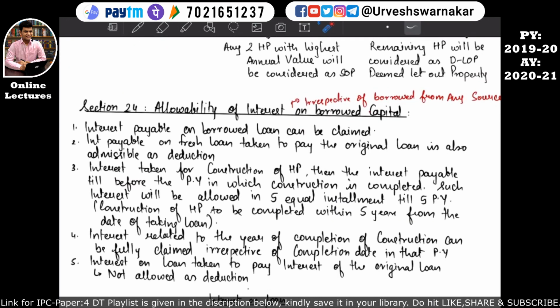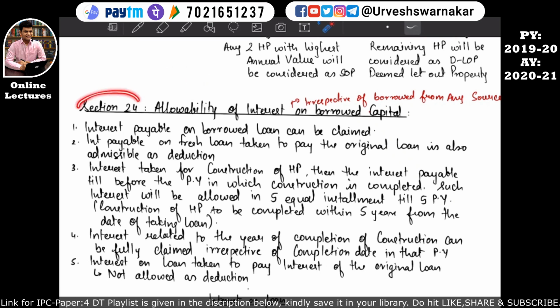So let's understand the prima facie important thing, allowability of interest irrespective of borrowed from any sources. Under section 24 we do not need to see from where the assessee has borrowed the loan, because in section 80C there were specific conditions: if the loan has been taken from the employer, then who should be the employer? If not from the employer, then from which sources? The sources were banks, LIC or other housing banks, that we studied under section 80C, under point R. I hope you all remember that.